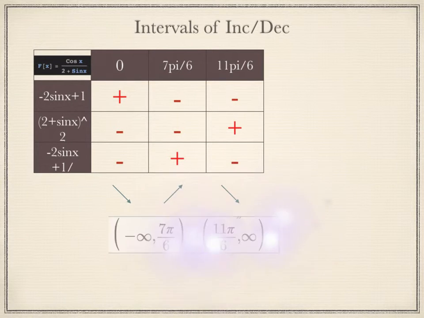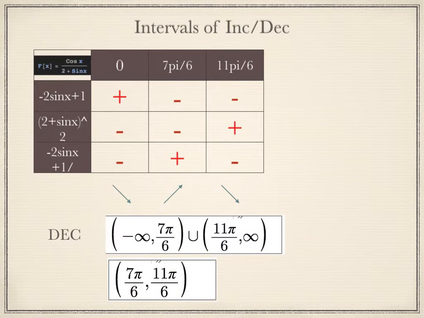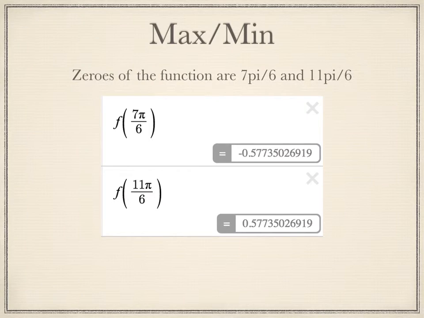For decreasing, we have negative infinity to 7 pi over 6, as you can see on the negative side of our sign chart, and 11 pi over 6 to infinity. They're all decreasing. And the increasing interval would be 7 pi over 6 to 11 pi over 6.